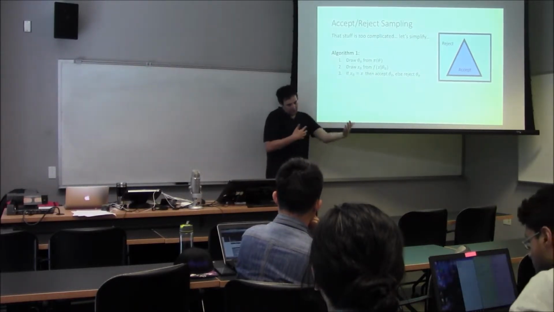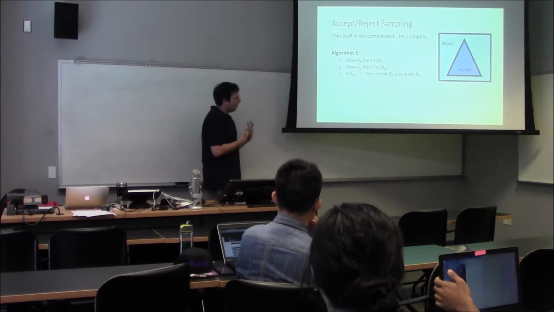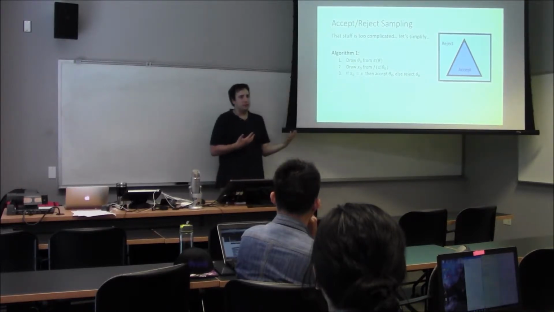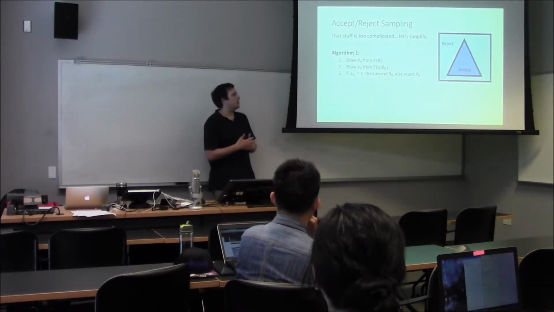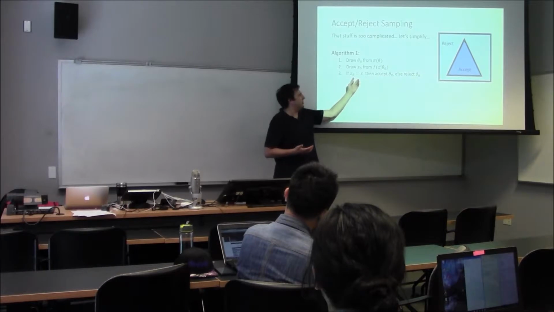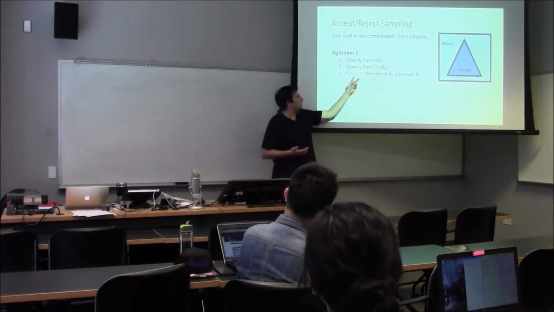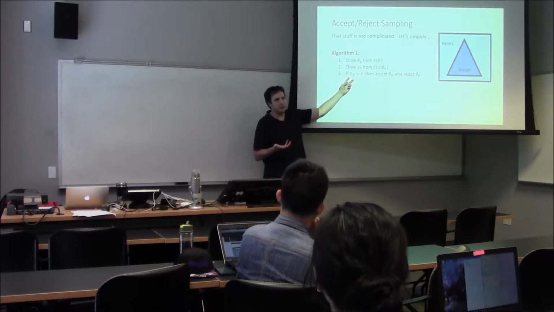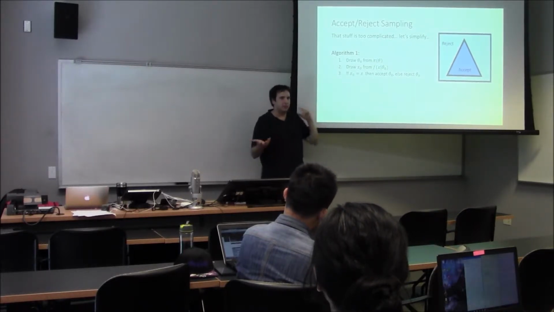So I can simulate data, and then I can look to see whether that data I simulated matched what I actually observed. If it matches what I actually observed, I accept that theta that I drew, because it's a parameter which generated data that's very similar to what I saw. So if it actually did produce that, it's still a plausible theta.